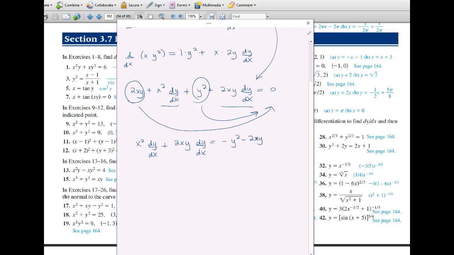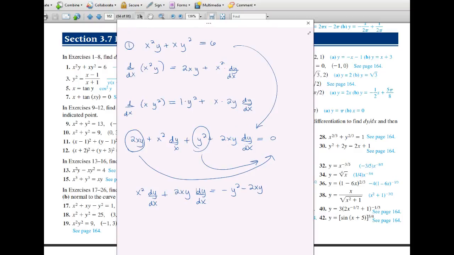Don't worry if you have them switched around. We did that above, when we did the derivative of this part, it was 2x times y plus x squared dy dx. Keep the first part times the derivative of this.